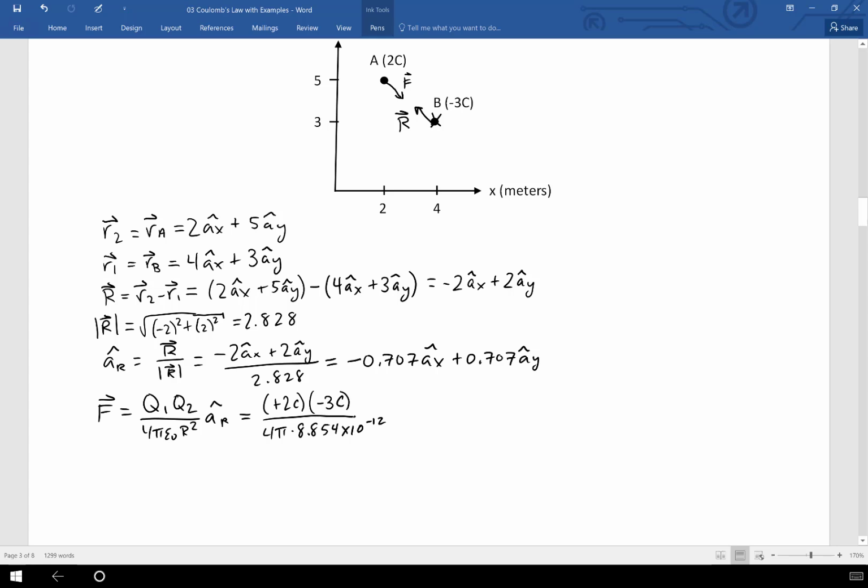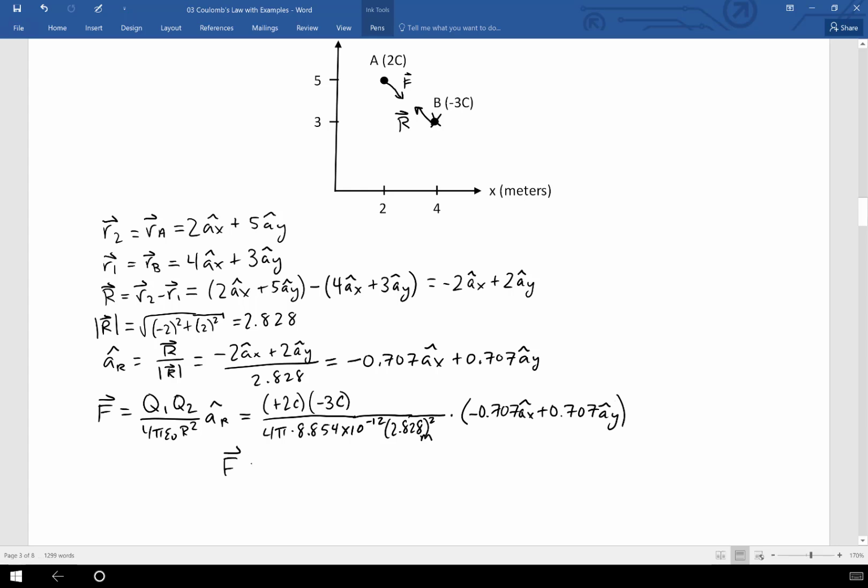And then the radius is going to be, as we just saw, 2.828 squared. That's in meters. And then we multiply that by the unit vector, minus 0.707 A sub x plus 0.707 A sub y.